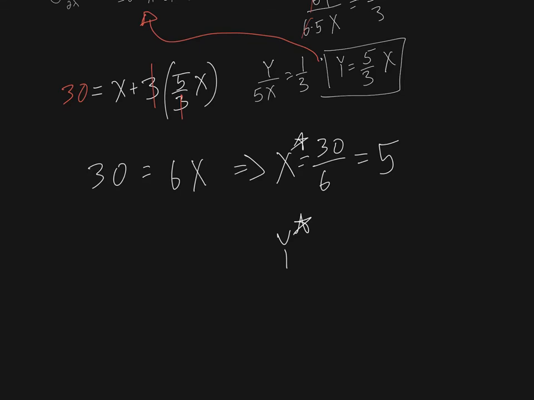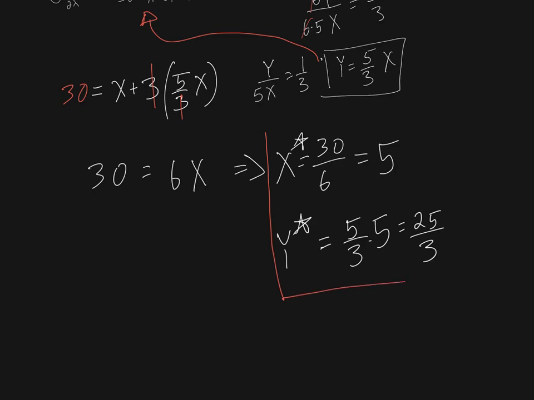The optimal value for x must be equal to 5. We can just plug that into this equation right here. We get that y star, the optimal y, must be equal to 5/3 times 5, which is equal to 25 divided by 3. And we are done.